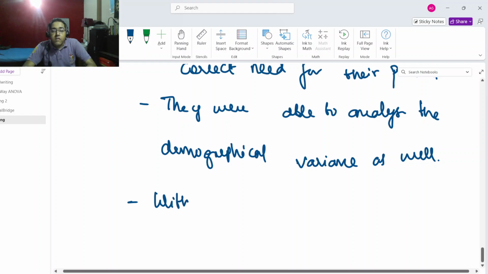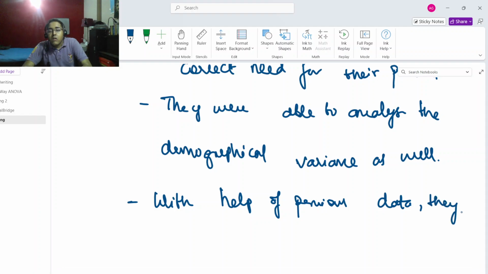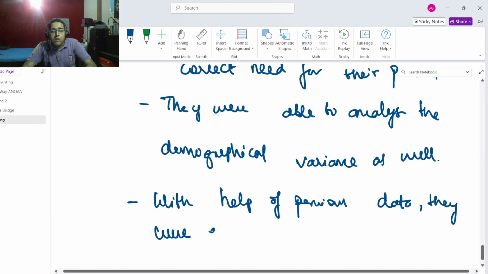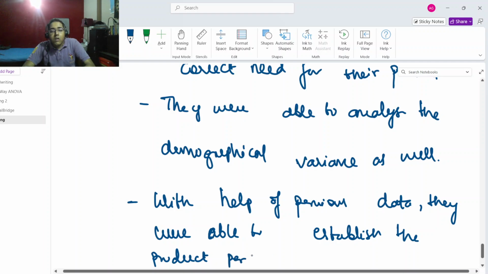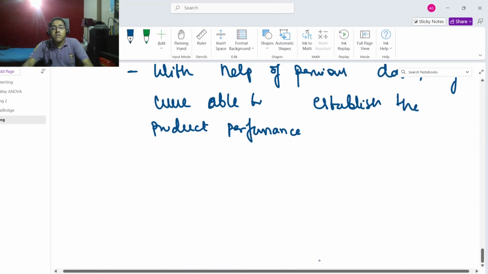With the help of previous data, they were able to establish the product performance in future as well.